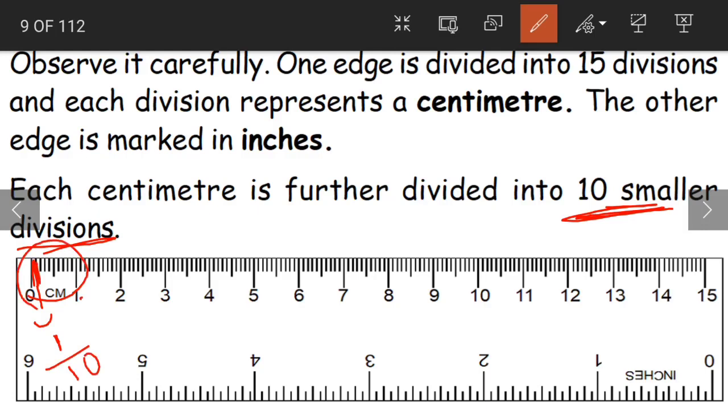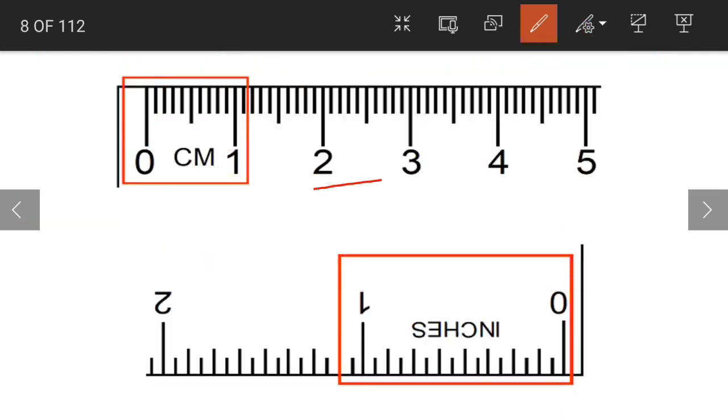If you want to represent it as a fraction, the fraction would be 1 by 10. Yes or no? The centimeter is divided into 10 equal parts. So the total number of parts is 10 and we are considering only one division. So this one division will be our numerator.